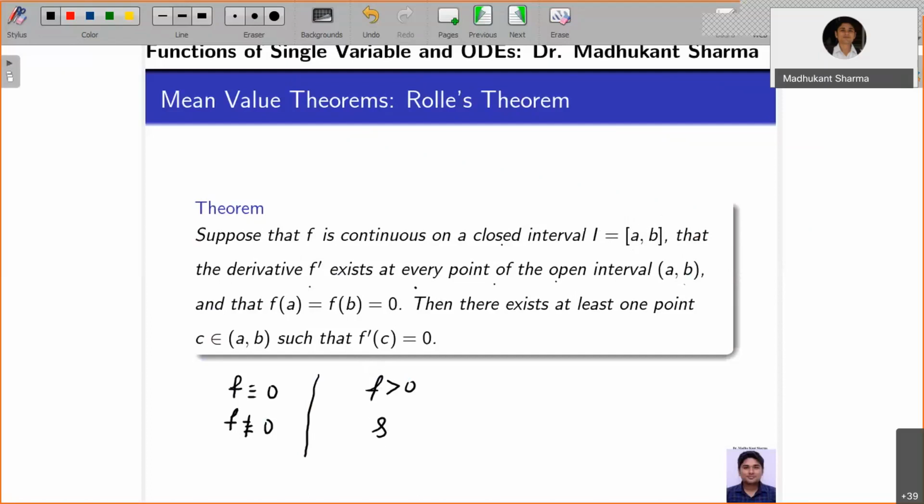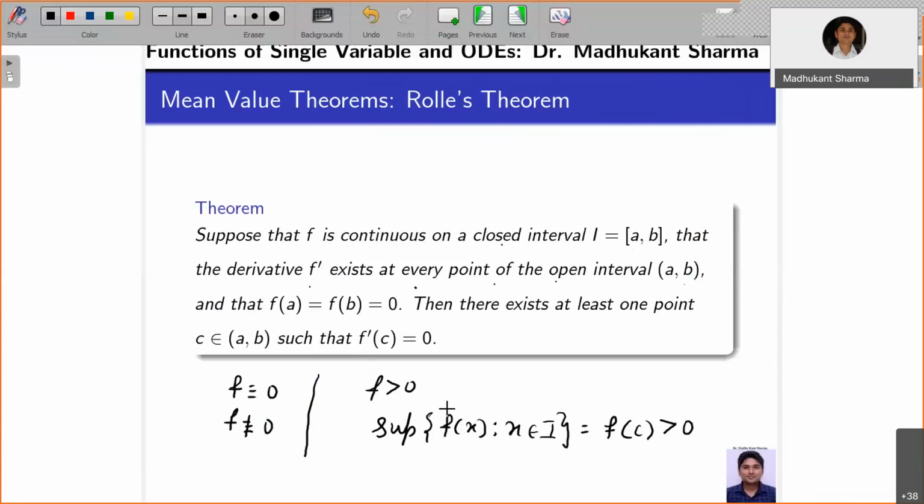So the supremum of f of x such that x belongs to I exists, and that is equal to f of c for some c. Since f is greater than 0 for some values, that supremum is certainly greater than 0.